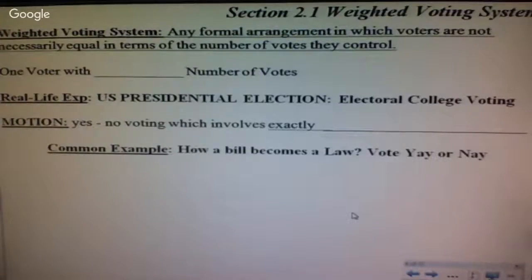So one voter has some number of votes. Actually, this breaks down to our electoral college voting.